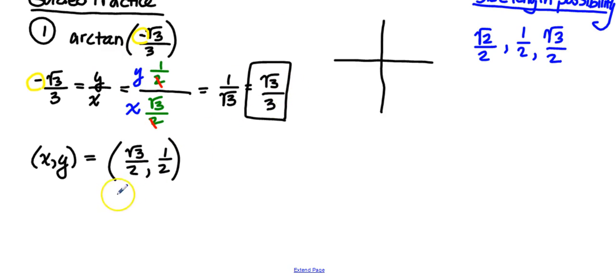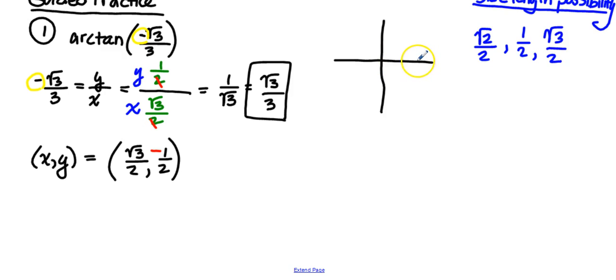The question is, which one of these guys is going to be negative? Well, if I have to stay on this half of the unit circle, think about it. X has to go right, so if I'm going right, it's going to be positive, which means the negative has to be the half. Let's see if that makes sense.